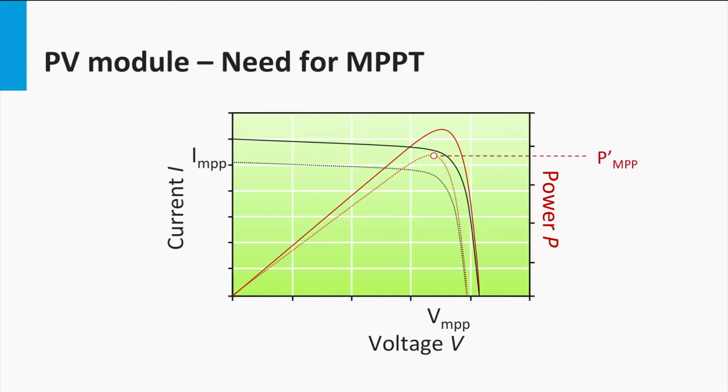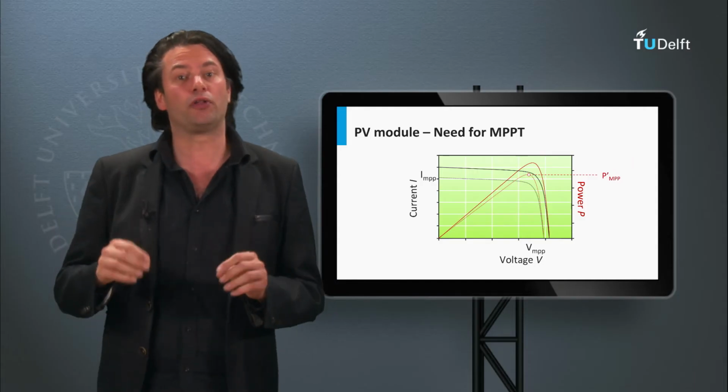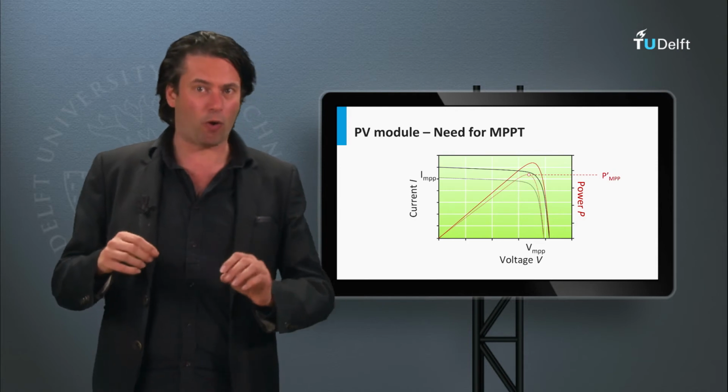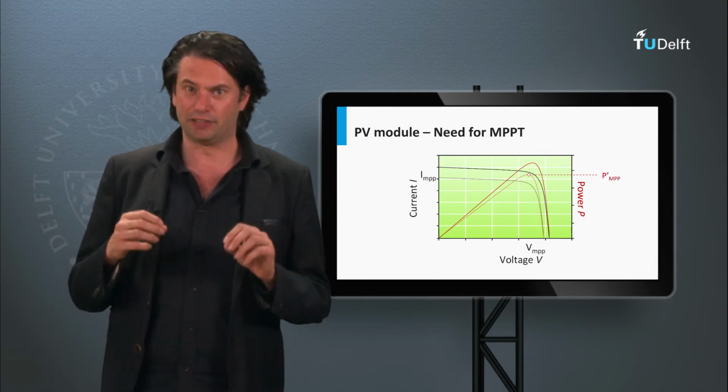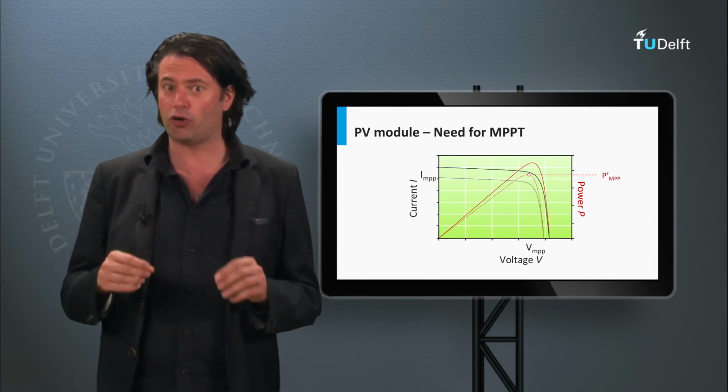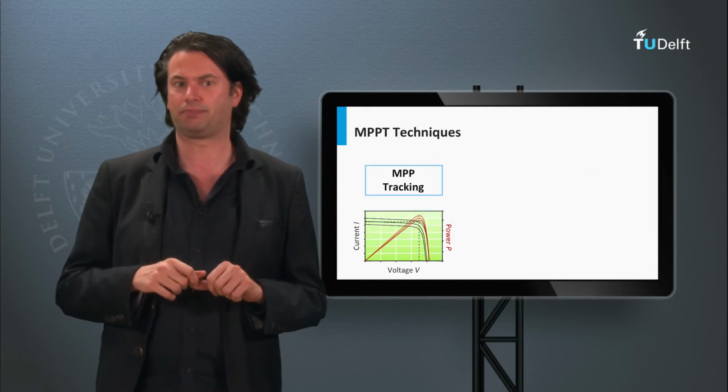Thus, to be continuously at the maximum power point at all times, we would need to track any such changes in the IV curve and find out the new MPP. This process is called Maximum Power Point Tracking, or MPPT. And the devices that perform this process are called MPP trackers.